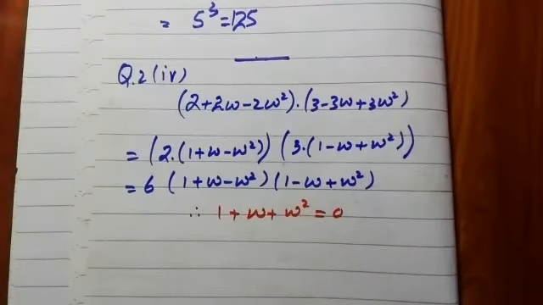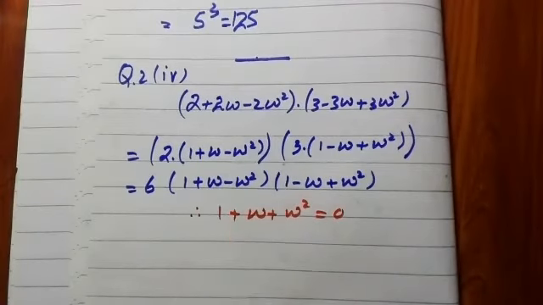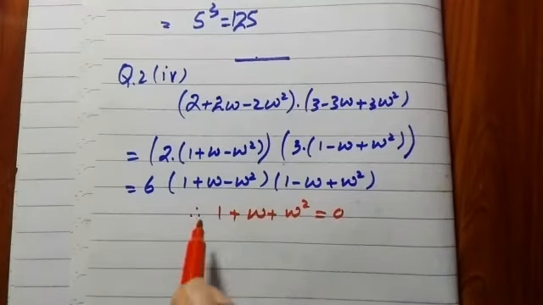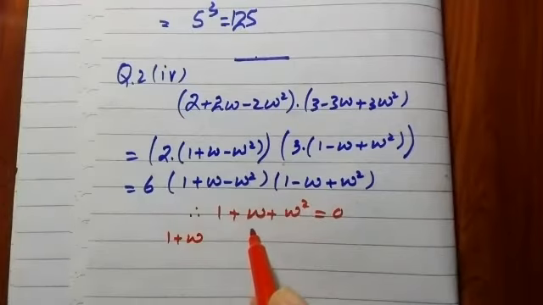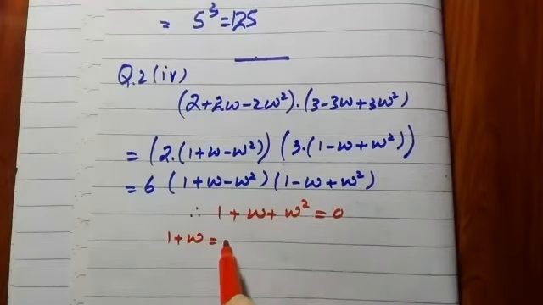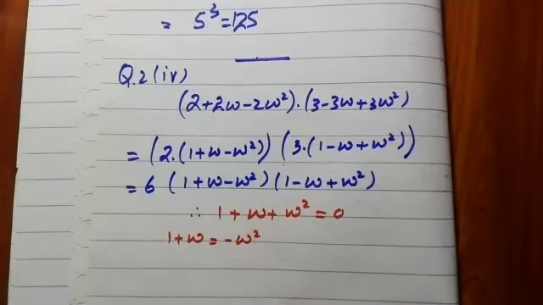So actually we will be deriving 2 different results from this equation. One is this, that 1 plus omega, if you derive the value of 1 plus omega, you will shift omega square to the other side. It can be like this one.